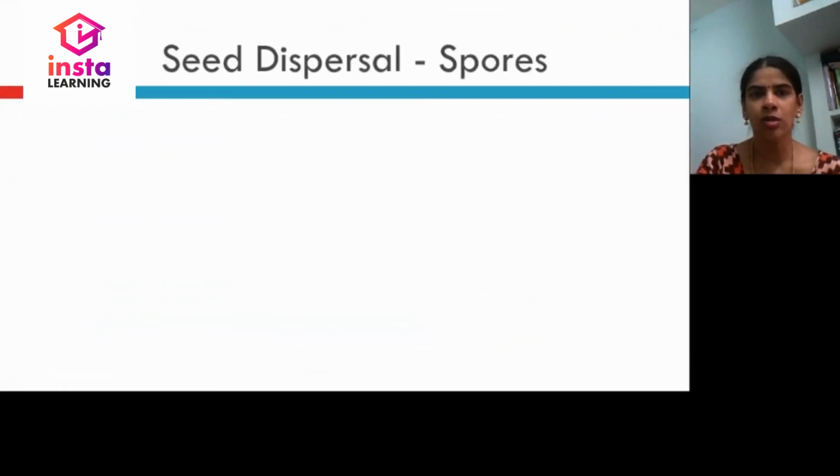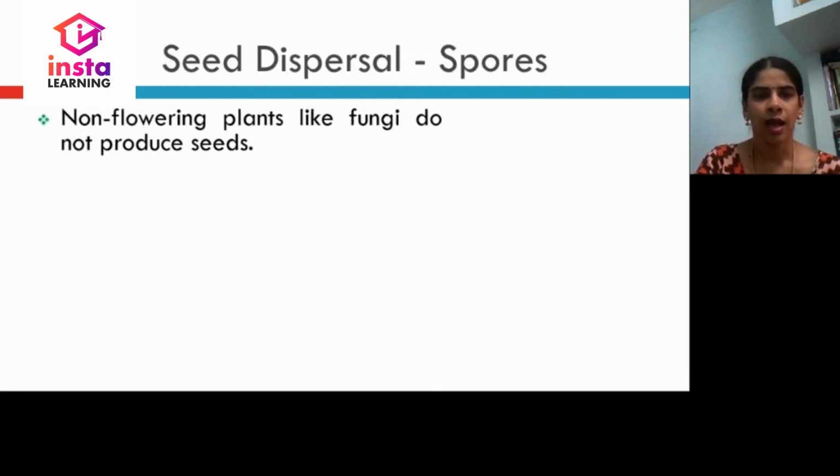Let us see how seed dispersal takes place through spores. As studied earlier, non-flowering plants like fungi do not produce seeds. However, they produce spores.